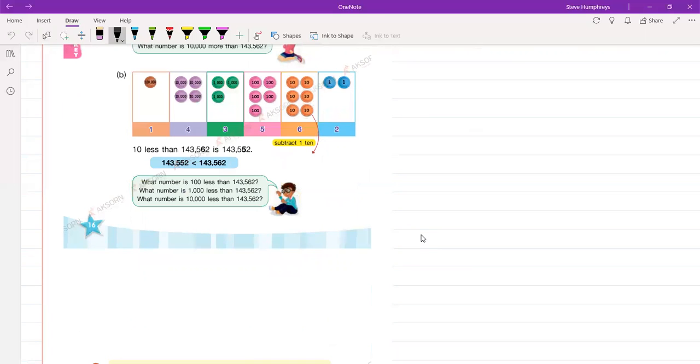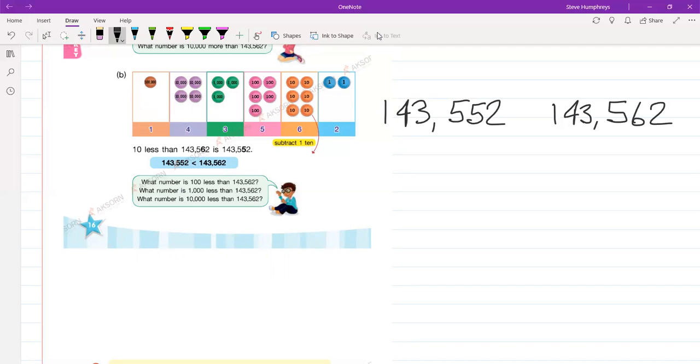The two numbers that we're comparing are 143,552 and 143,562. 100,000s are the same. 10,000s are the same.